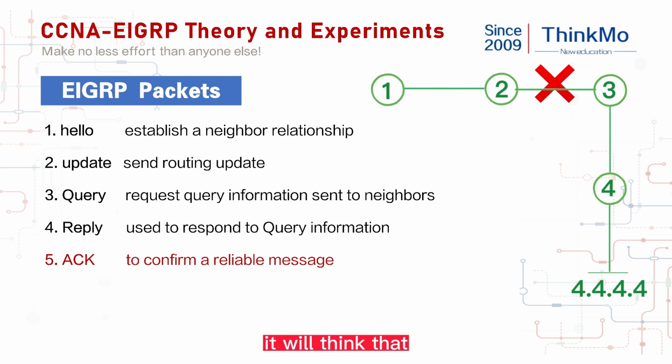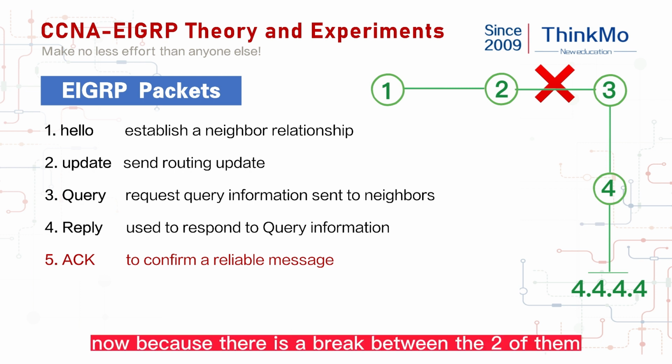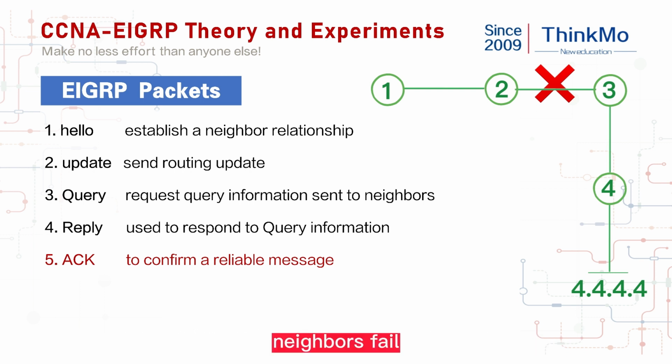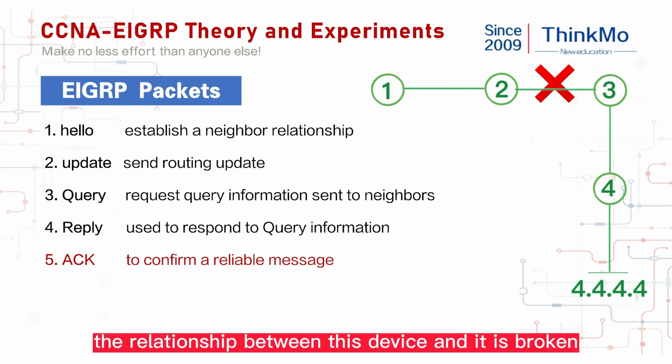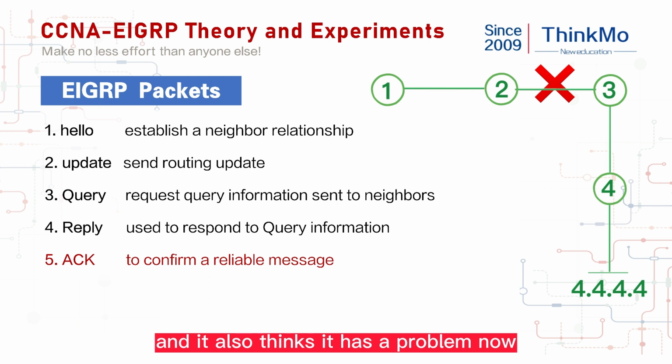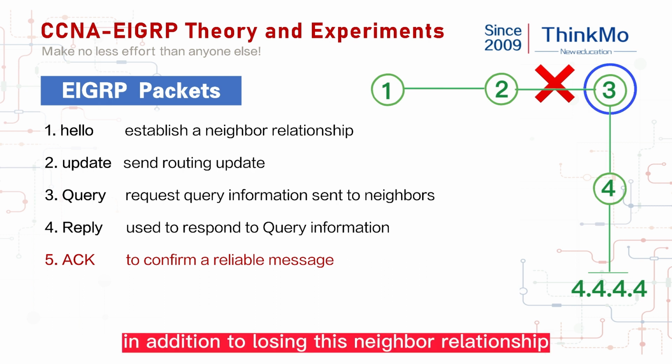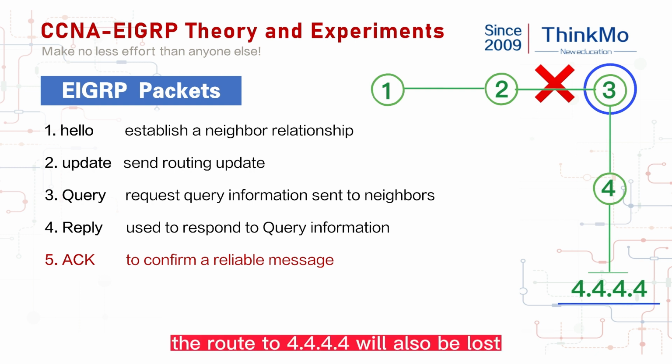It will think that now because there is a break between the two of them, the neighbor fails. After 15 seconds passed, it found it lost this neighbor. At the same time, it thinks that the relationship between this device and it is broken, and it also thinks it has a problem now. Then this route will be gone. In addition to losing this neighbor relationship, the route to 4.4.4.4 will also be lost.